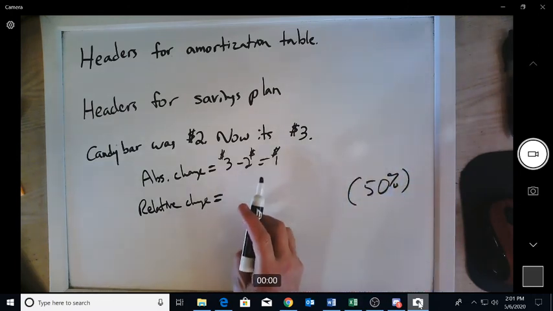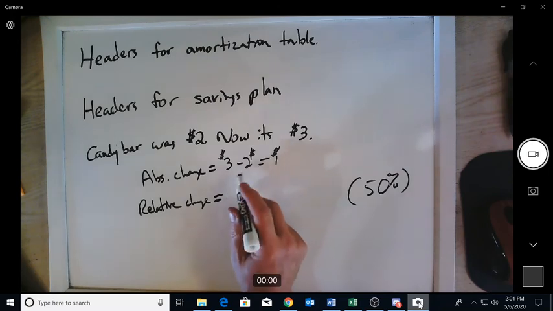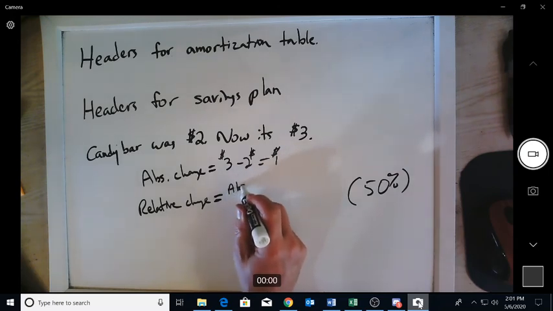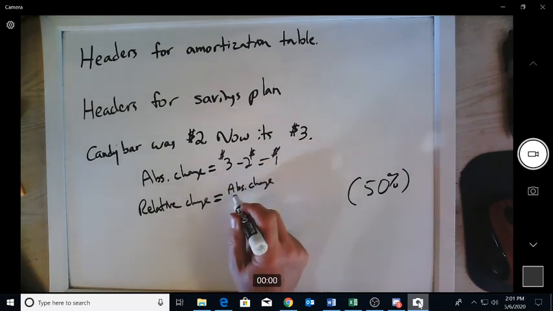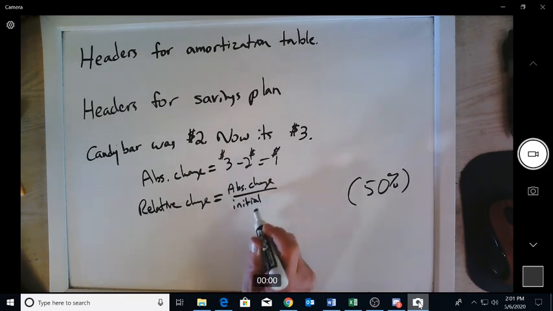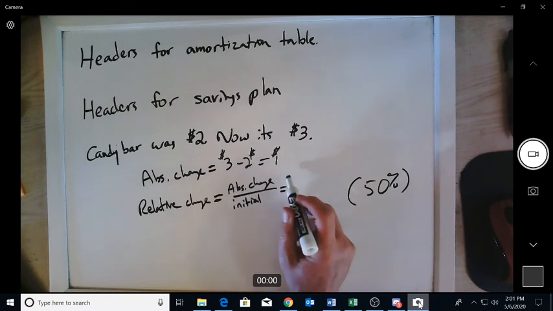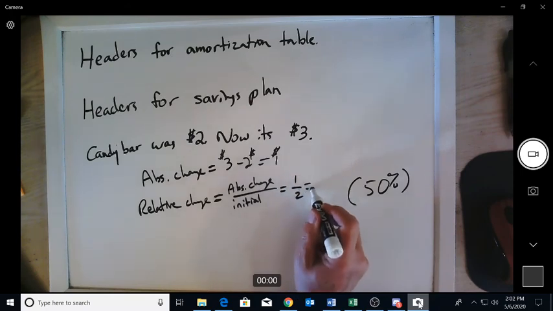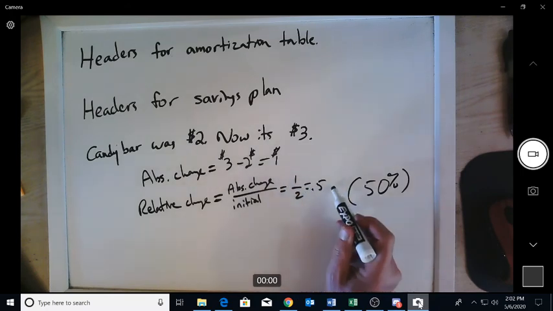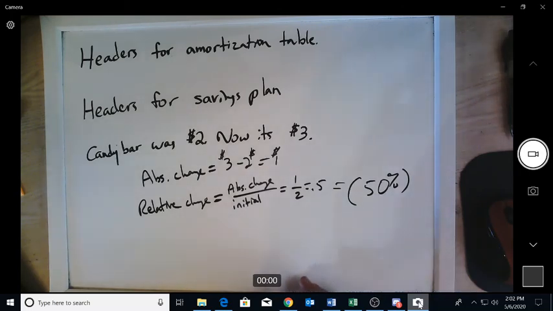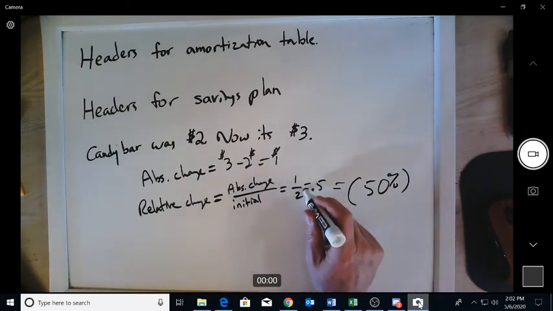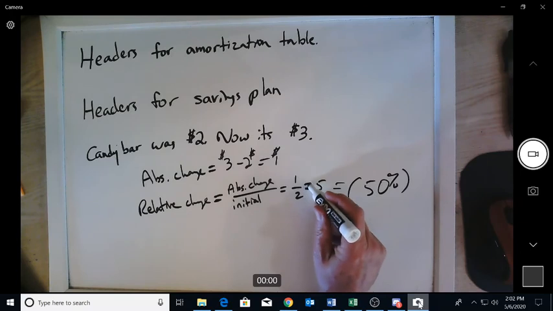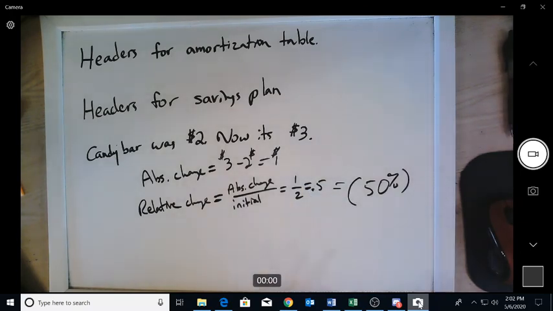So this will help me realize, how was it? Oh yeah, it was the absolute change divided by my initial amount. So 1 over 2, which is 0.5. 0.5 is the same as 50%. And the simpler the problem I can think of, the more it reinforces my intuitive understanding and enables me to go back to more complex things.